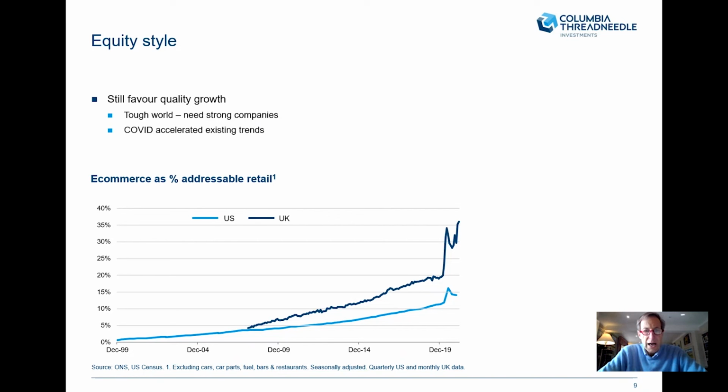The dark blue line is the UK, the lighter blue is the US. And you can see a huge increase up to around a third of sales now online in the UK. And we think that trend is going to continue. Clearly, there'll be some moving back to the high street, but still, people have got used to doing things online. They see the practicality of it, and we think that will continue.